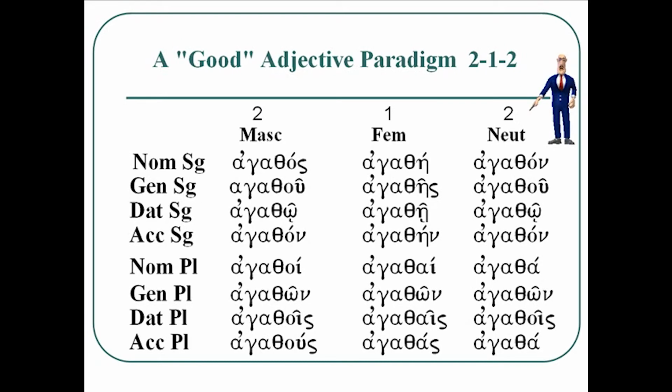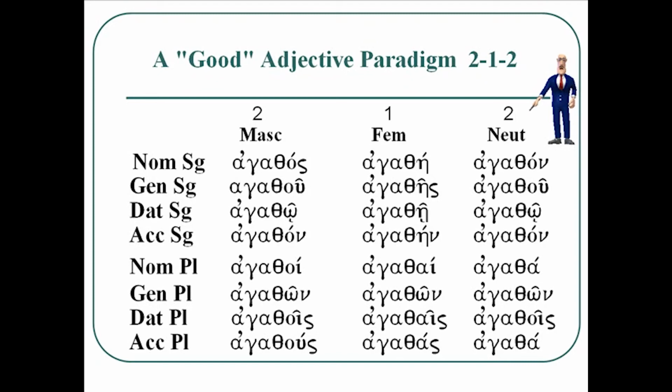Similarly, for the neuter, the nominative, genitive, dative, accusative is exactly the same endings as we've gotten from hieron. So it's agathon, agathou, agathō, agathon, agatha, agathōn, agathois, agatha.